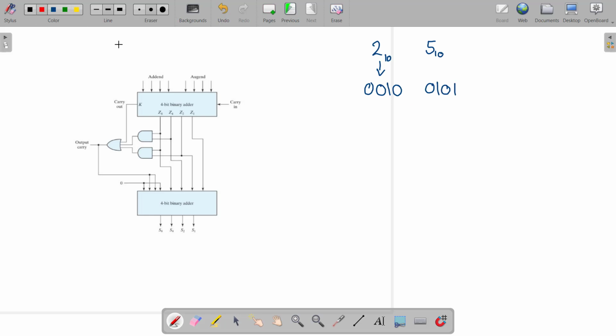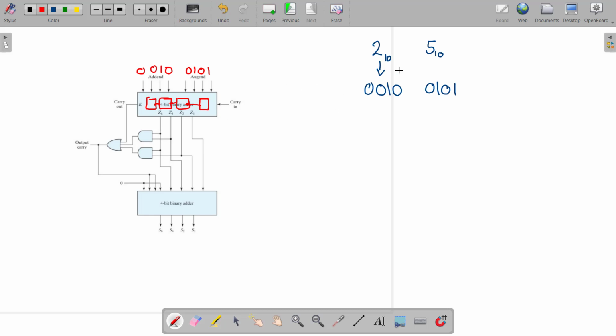So here is 0, 1, 0, 1, and here is 0, 0, 1, 0. Okay, now using the full adders inside of this box, the Z1, Z2, Z4, Z8 are produced, and also K is produced.